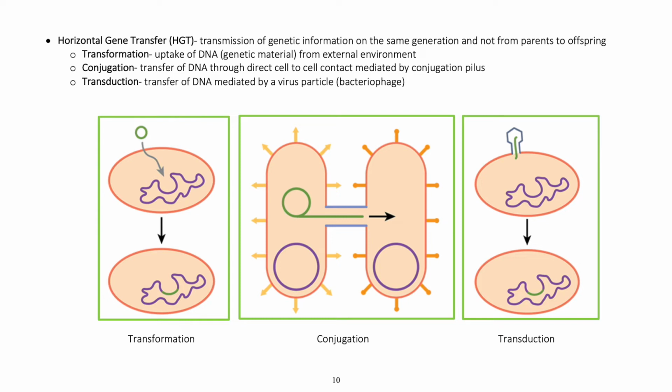Transformation. Uptake of DNA genetic material from the external environment. Conjugation. Transfer of DNA through direct cell-to-cell contact mediated by conjugation pilus. Transduction. Transfer of DNA mediated by a virus particle, bacteriophage.